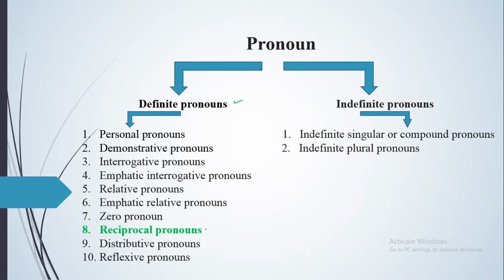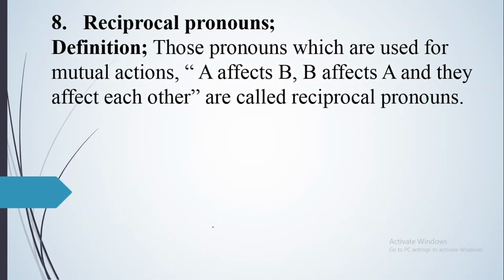Today we have got the eighth kind of pronoun that is known as reciprocal pronouns. The definition of reciprocal pronouns is, those pronouns which are used for mutual interactions. Mutual interaction means they affect each other. Clear?